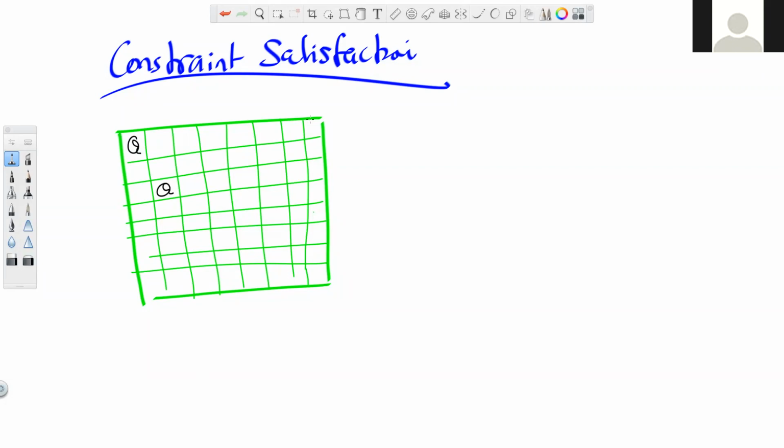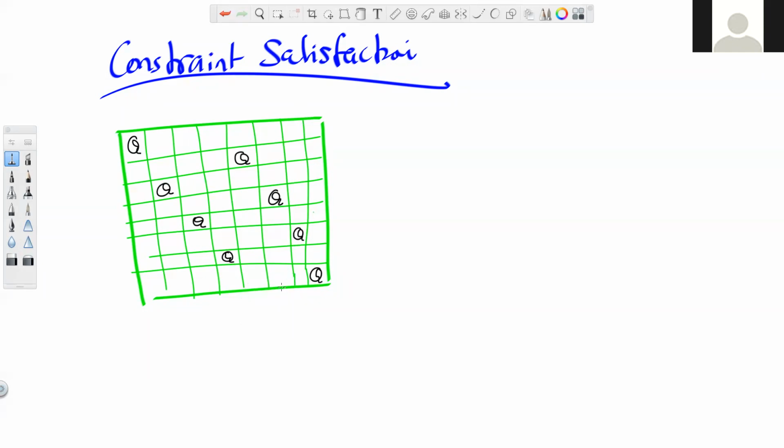Now, I want you to end up laying out 8 queens on the board with a particular condition that I'm going to state now. The condition is that none of the queens can attack another. So this is one particular configuration of the board.